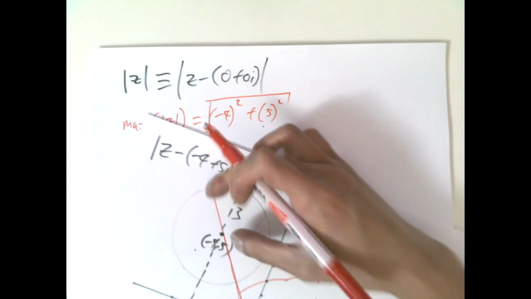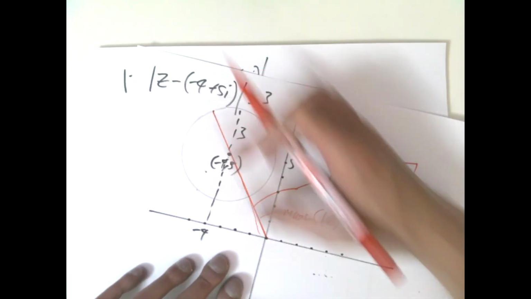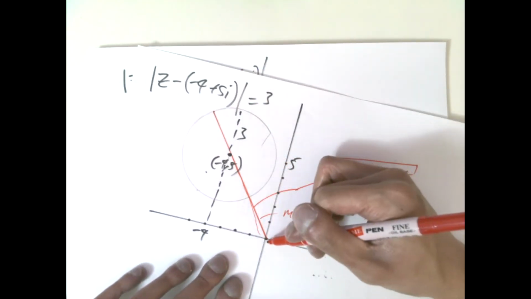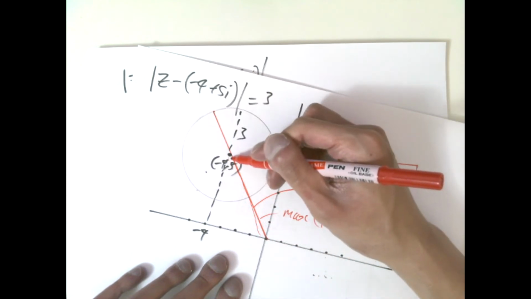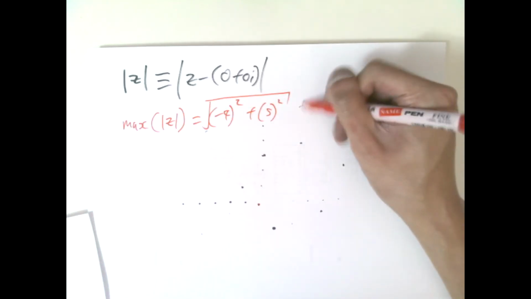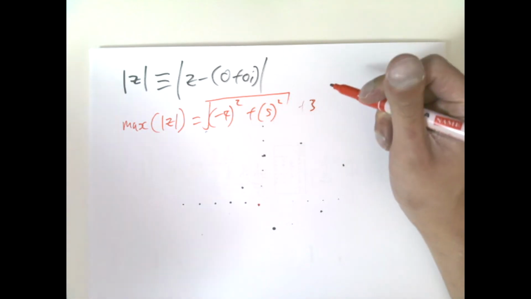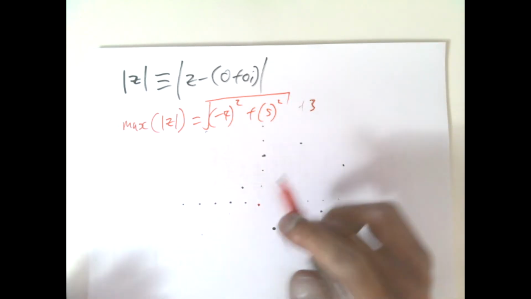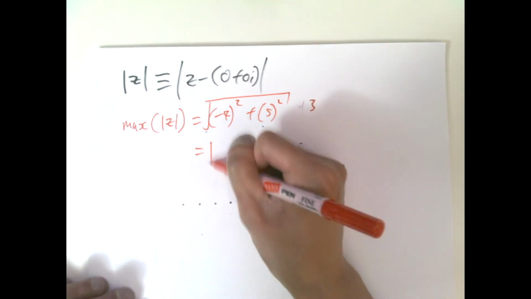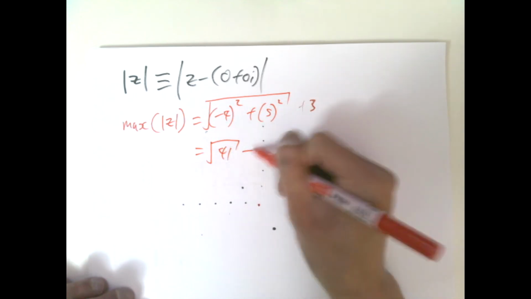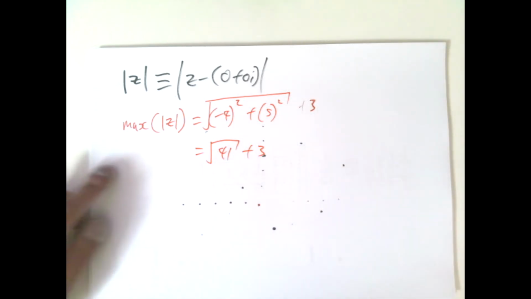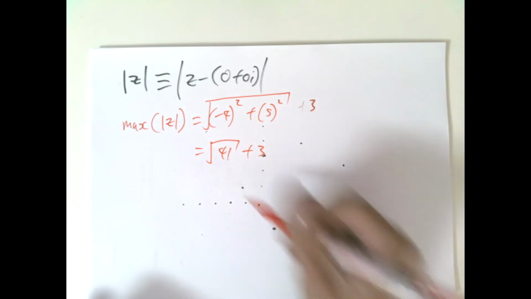But we're not done yet because we still have this radius to add on. We still have this radius to add on to this line segment, which only went from the origin to the center of the circle. So we still need to add the radius of 3. So by Pythagoras' theorem, root 41 plus 3, and that is the maximum value of the magnitude of z.